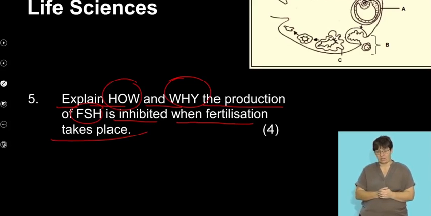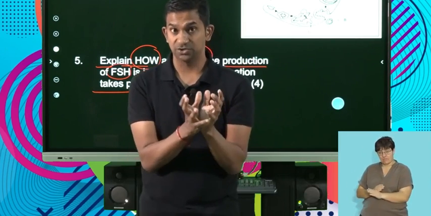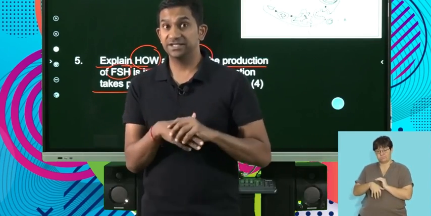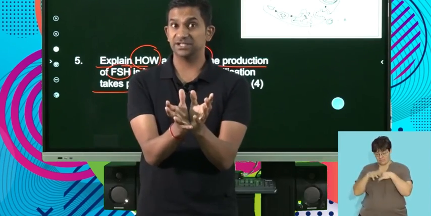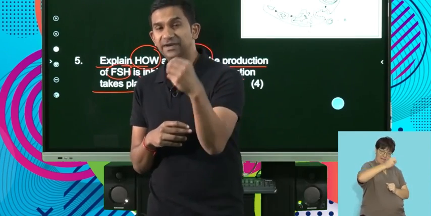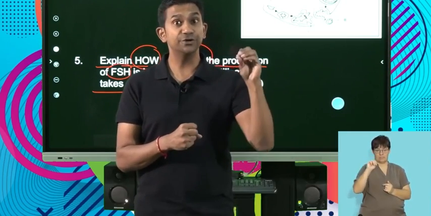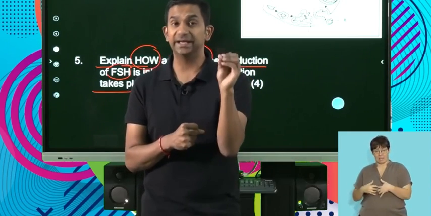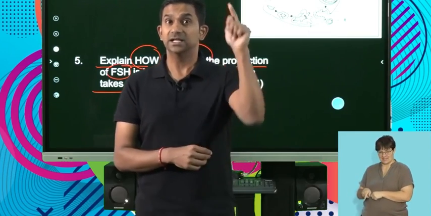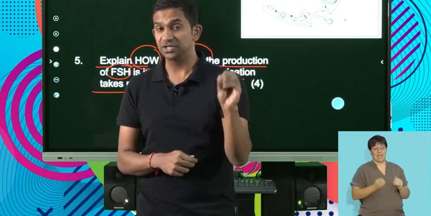The simple rationale is that FSH needs to be inhibited because we now have fertilization taking place. When fertilization takes place, it means that an egg will now continue its development within the endometrium. So the need for the formation of a new egg is not there, and hence the pituitary gland will not produce a new egg.